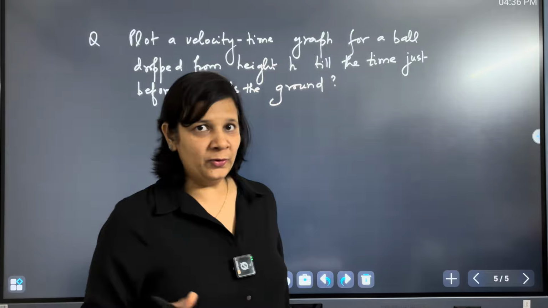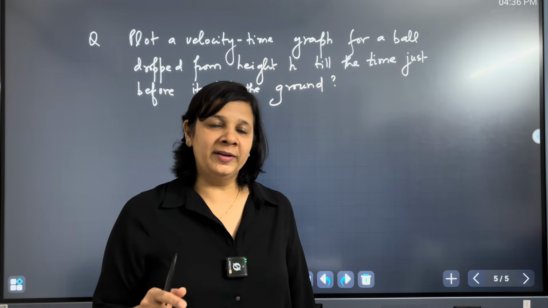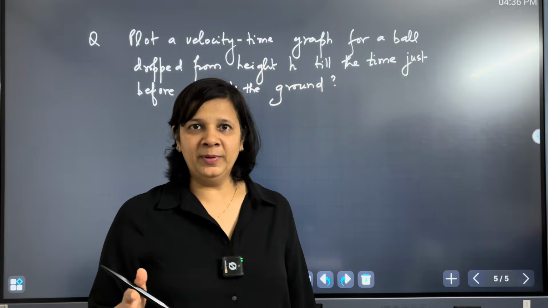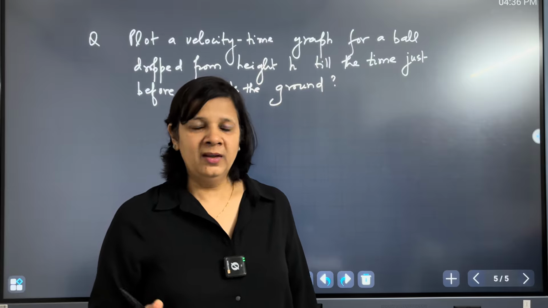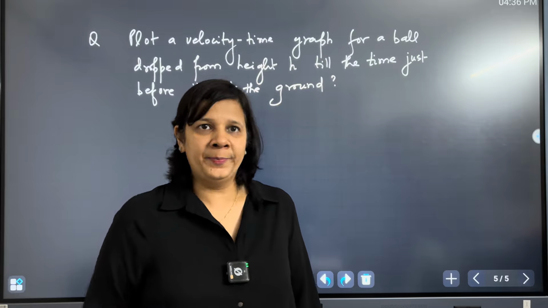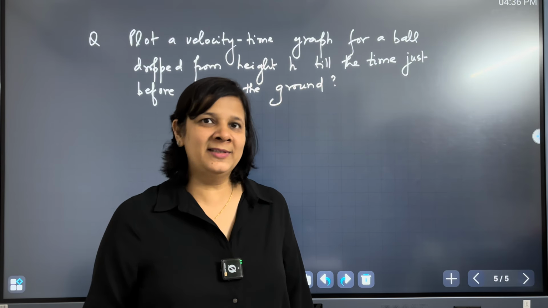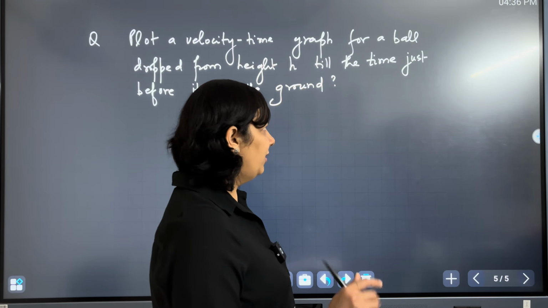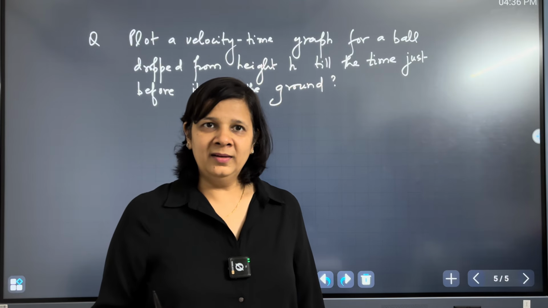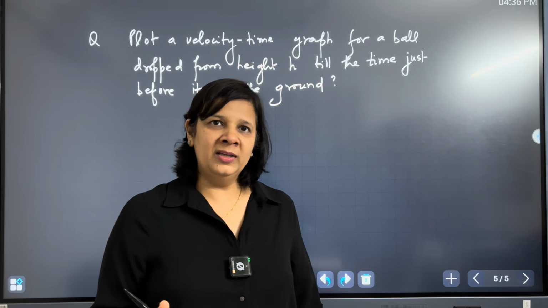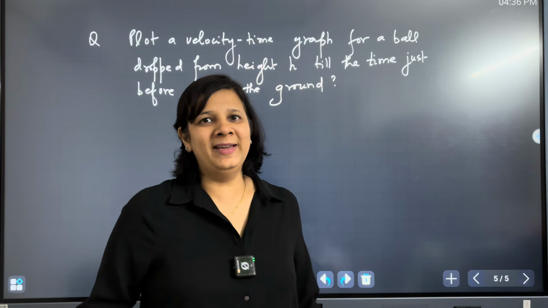Now you have to first plot and then you have to calculate the total distance. For example, if I ask you total distance and displacement, but for that I need to give you some more data, right? Because then only you'll be able to calculate the velocity of an object just before hitting the ground. But for example, let us see just by plotting the graph what all we can understand.